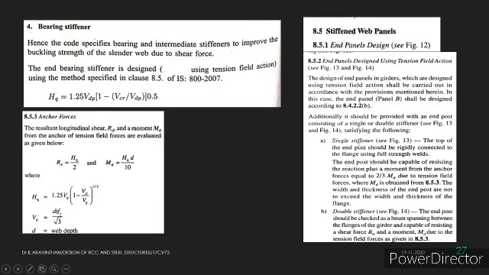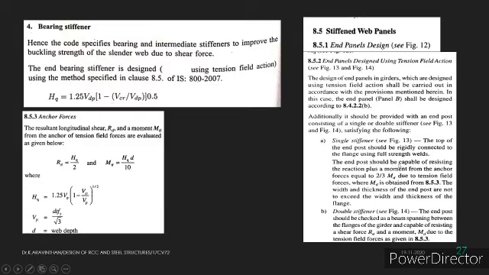We are providing a single stiffener in this design, hence we shall abide by this section A. The top of the end post should be rigidly connected to the flange using full strength welds.